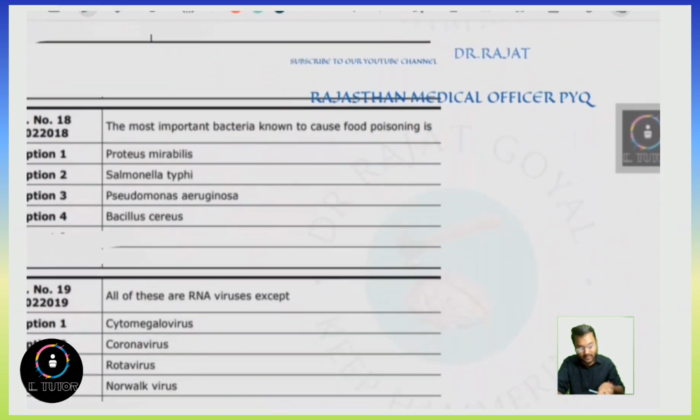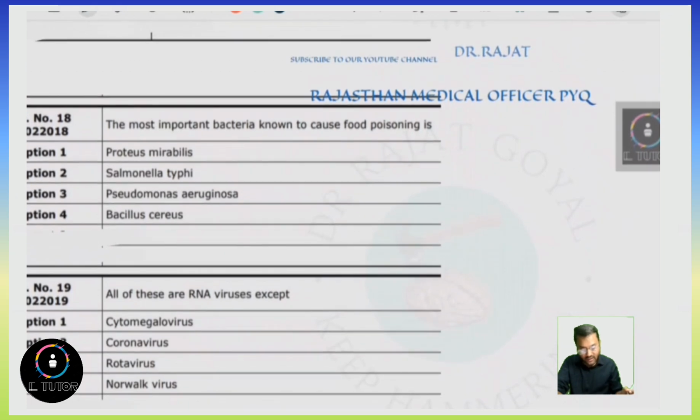Next question is: the most important bacteria known to cause food poisoning is. Among the given options, Proteus mirabilis is not a common cause for food poisoning. Salmonella typhi will lead to enteric fever. Pseudomonas aeruginosa can cause food poisoning, but it is not a common cause.